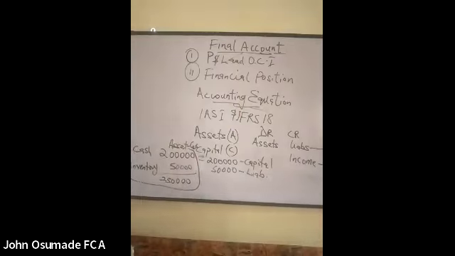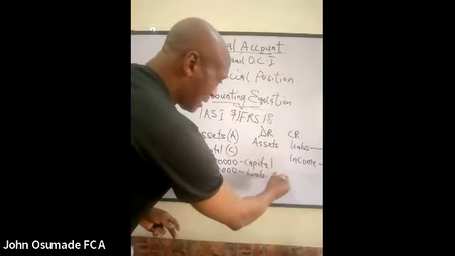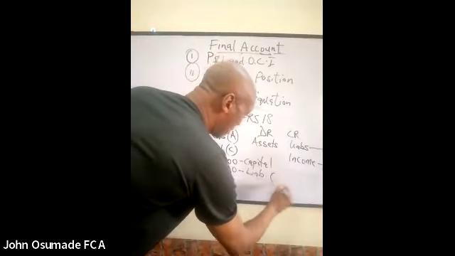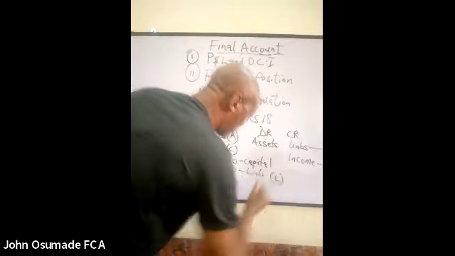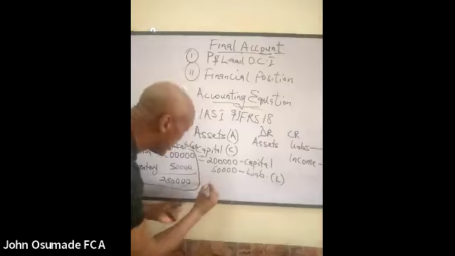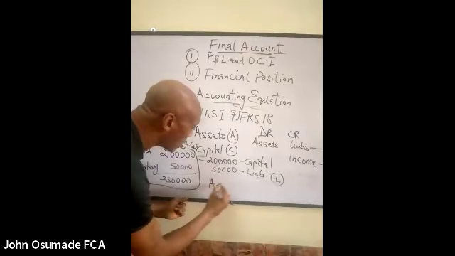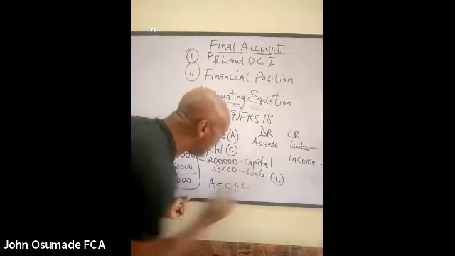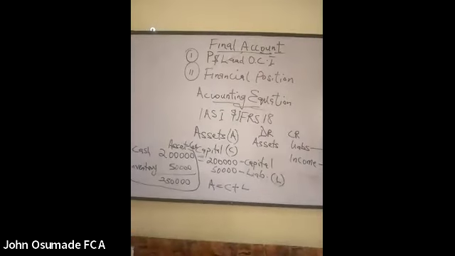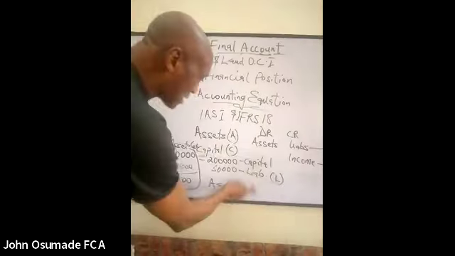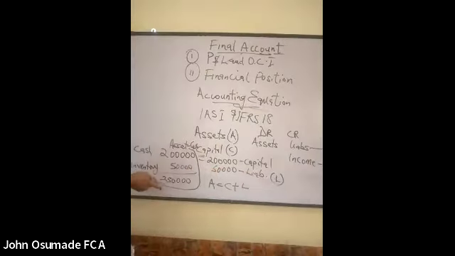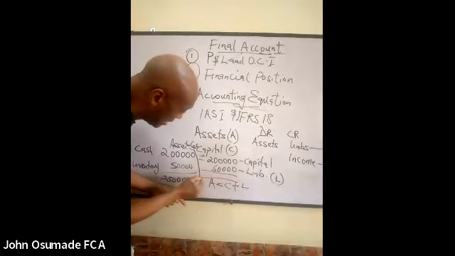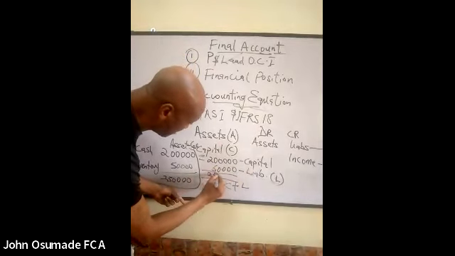Let's say liability is represented by L, capital C. Your asset, which is A, will now be equal to what? Capital plus liability, to give you 250. This asset, 250, will now be capital plus liability, which is the same thing as 250.